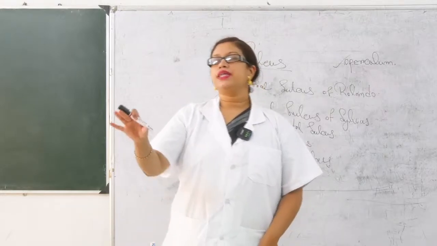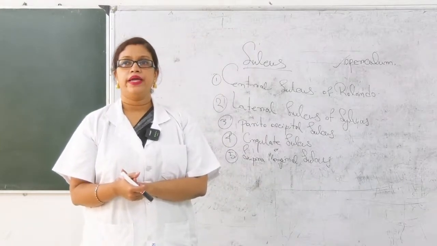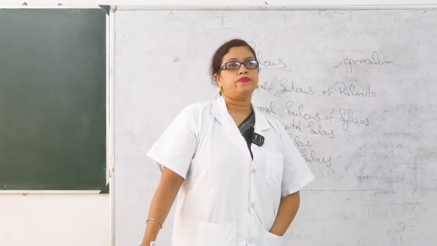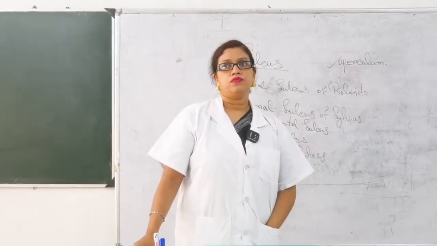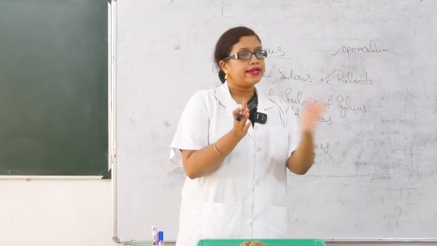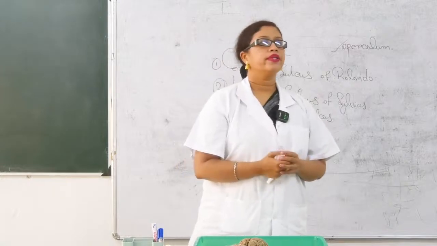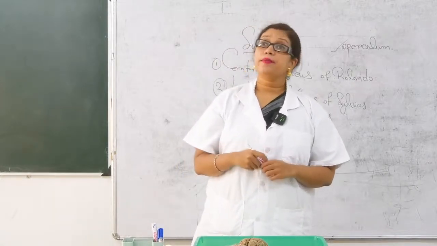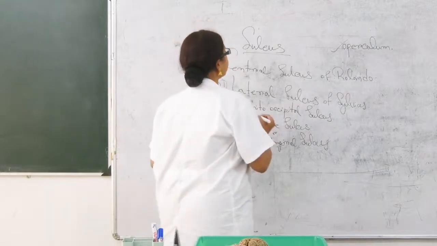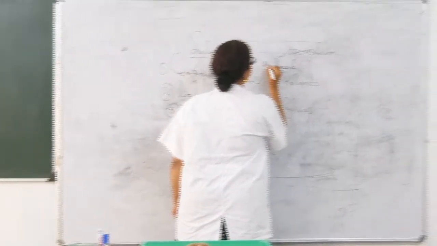Now write it down. Relation of anterior limb of internal capsule. Medial to the anterior limb, what will be there? Head of caudate nucleus. This is very much important.